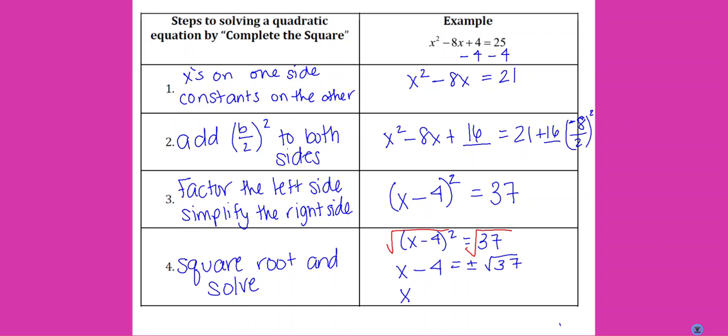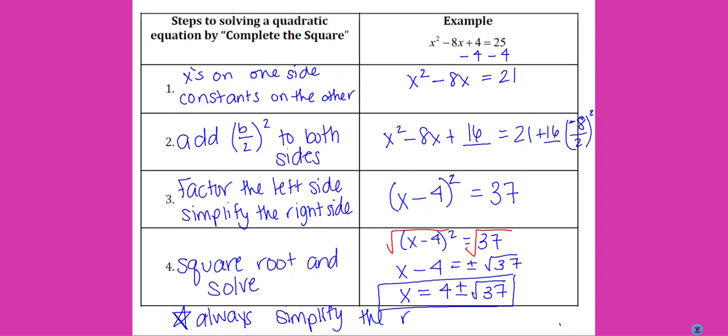And when we add 4 to both sides, we get x equals 4 plus or minus the square root of 37. Now the square root of 37 can't be simplified, but always simplify the radical when possible.